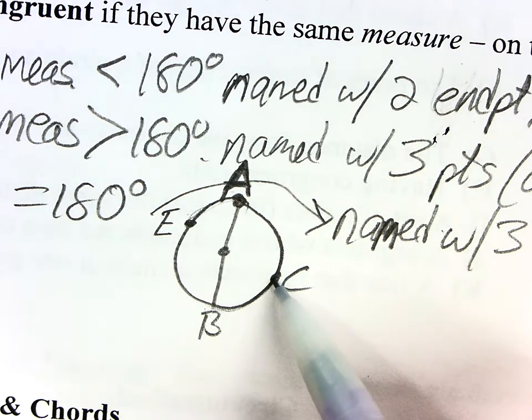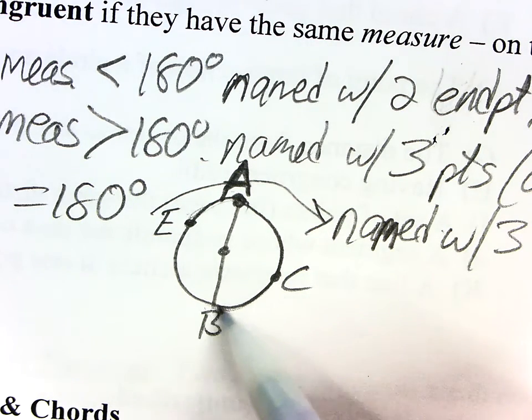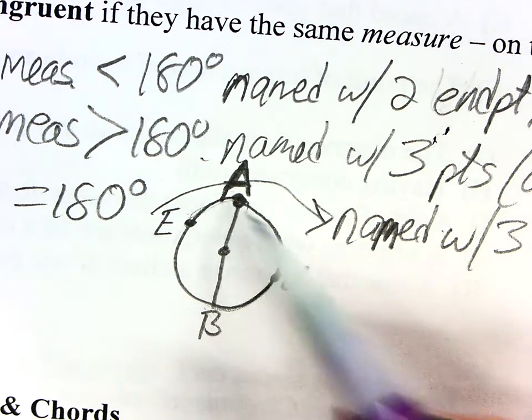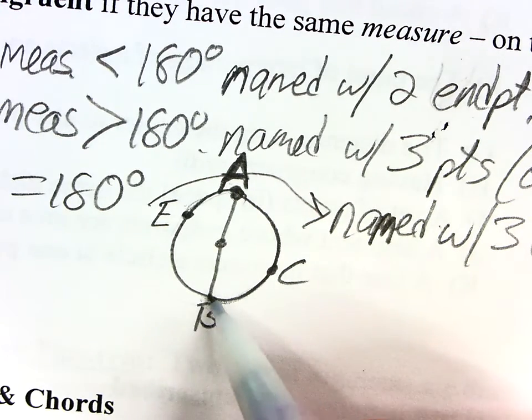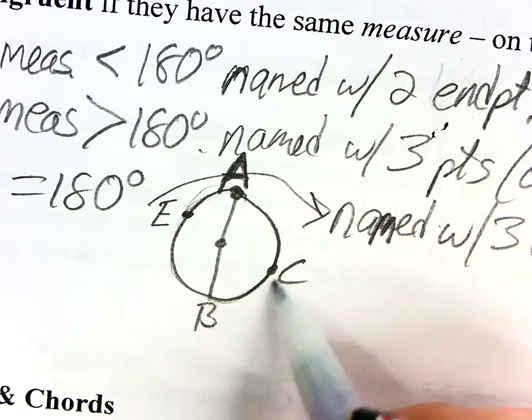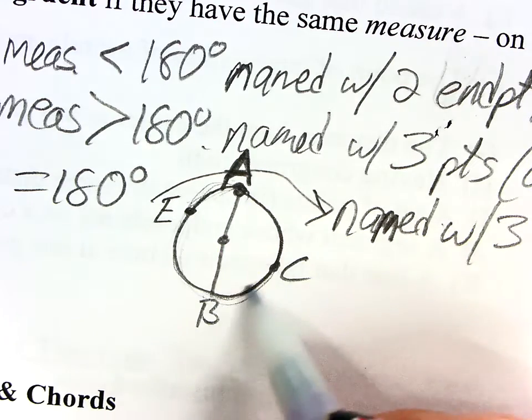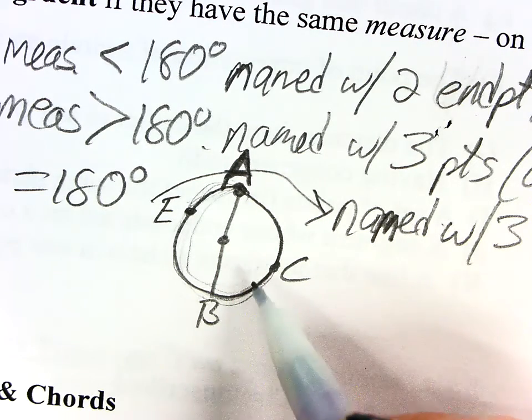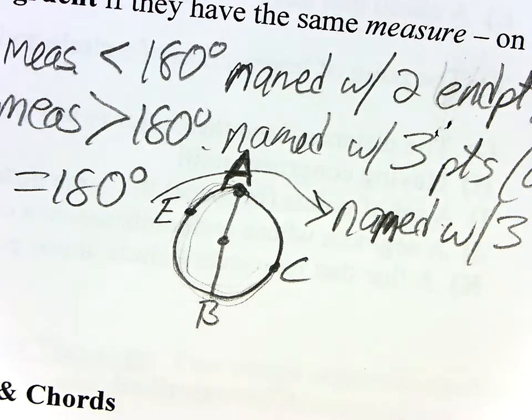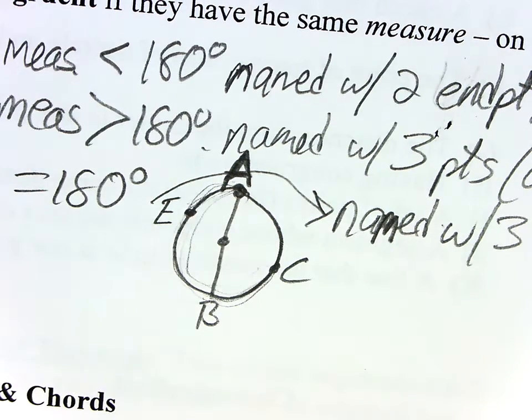It would be equal to the measure of arc CBA. Doesn't that make sense? If I took this one and I added this one to it, wouldn't I get the whole thing from here to here? Yeah, that's basically all the arc addition postulate says.